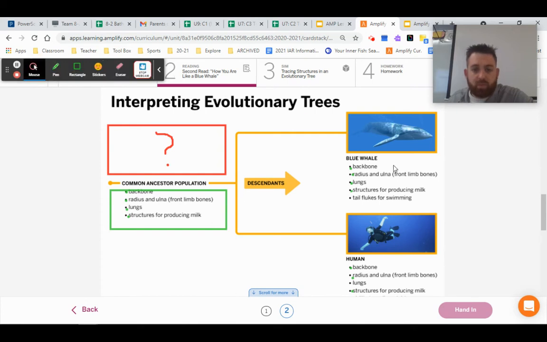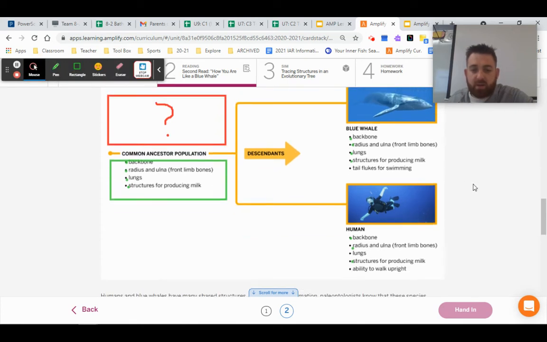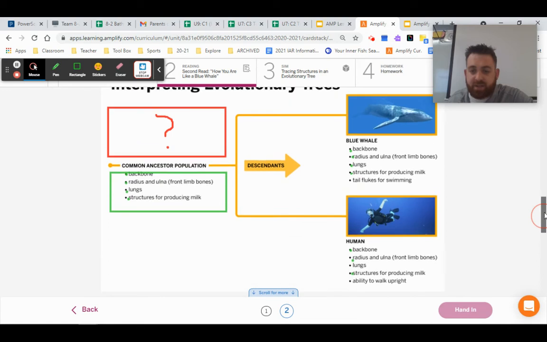Now, when we're looking at our descendant species, we see that they have all of these different traits in common. But what we also see is that they have some unique traits that make them their own unique populations and species. So for example, ability to walk upright, tail flukes for swimming, and so on.